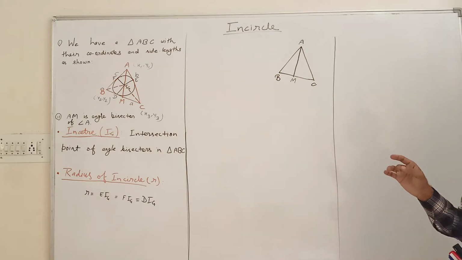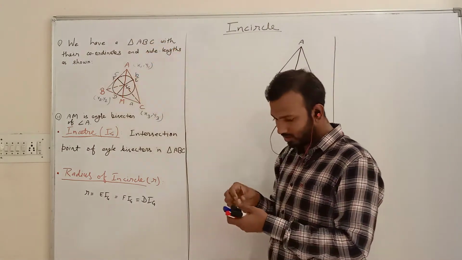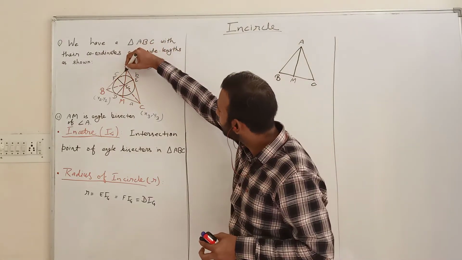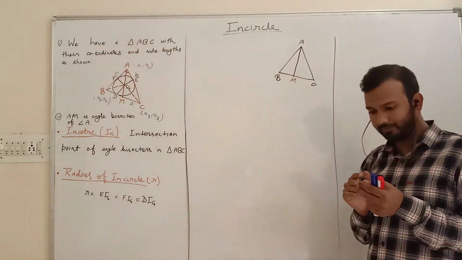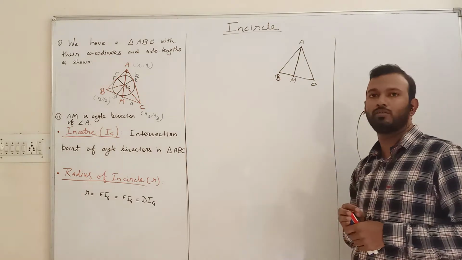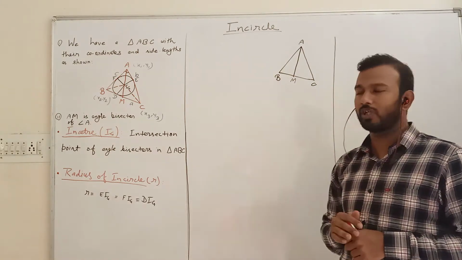And if you draw angle bisectors, what does it mean? Angle bisector means this angle and this angle are equal. So the intersection point of the angle bisectors is called the incenter of the circle.